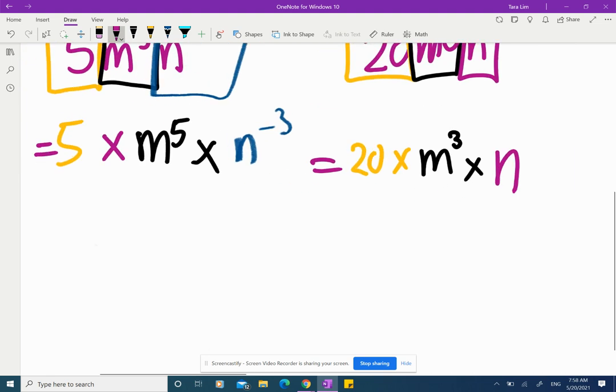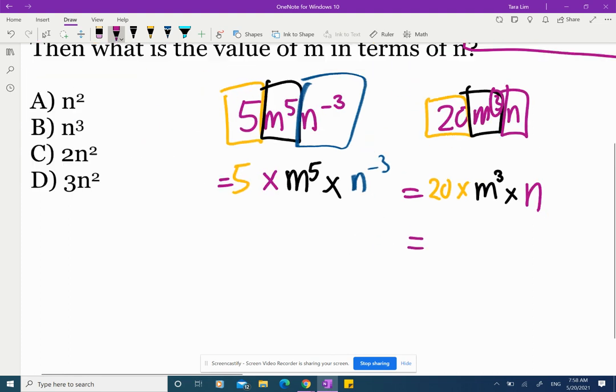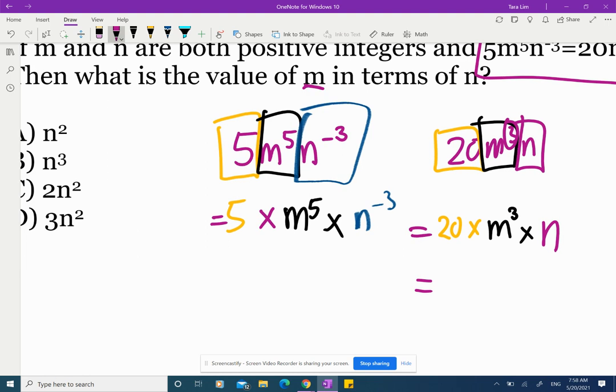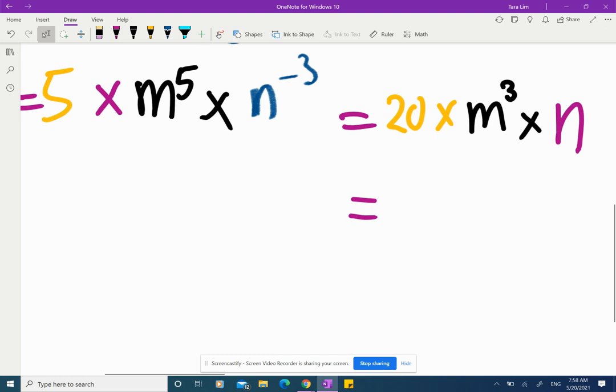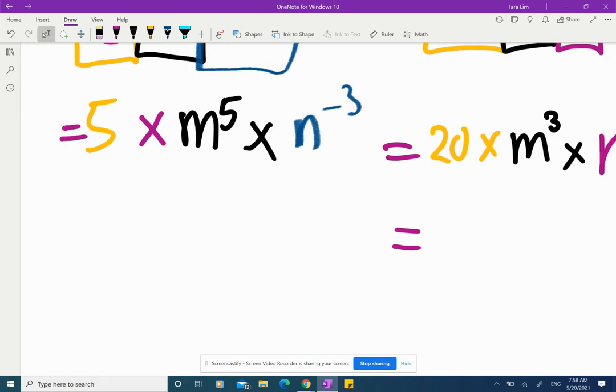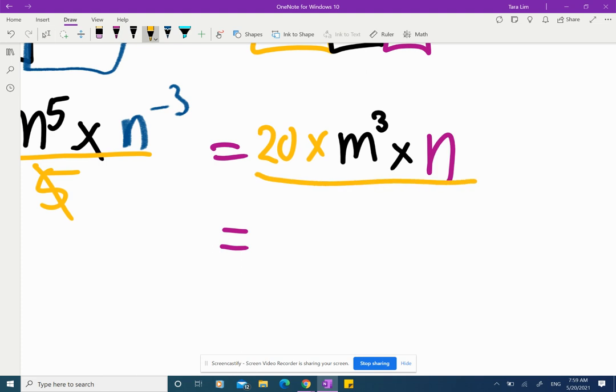So now, first of all, we want to move the 5 to the other side so that we won't have 5 anymore, because we're trying to find the value of m. So we're trying to just leave m alone for now. So we divide by 5 so that the 5 is no longer on this side, and on this side we also have to divide by 5. 5 becomes 1, 20 becomes 4.